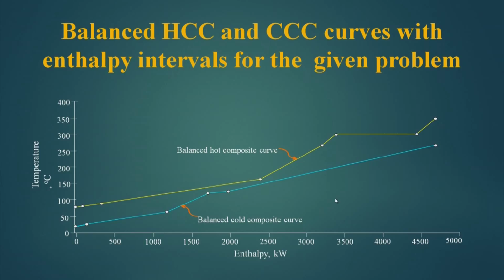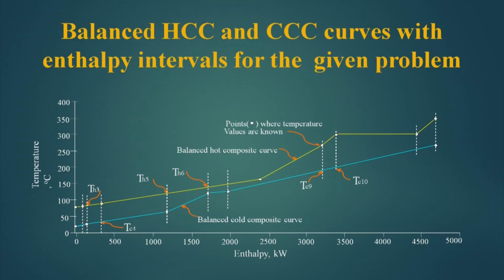Now, we will see that there are places where the temperature is known for the balanced hot composite curve, but it is not known for the cold composite curve, and so on and so forth. Here we see that this temperature is known for the balanced cold composite curve, but the corresponding temperature TH3 is not known for the hot composite curve. Why is this necessary?